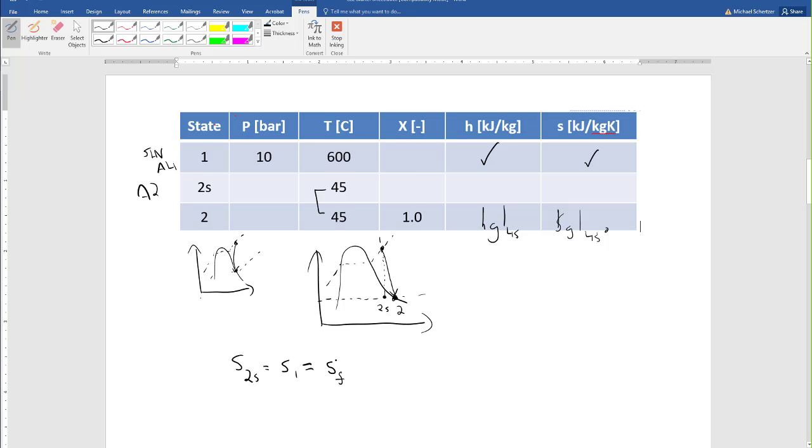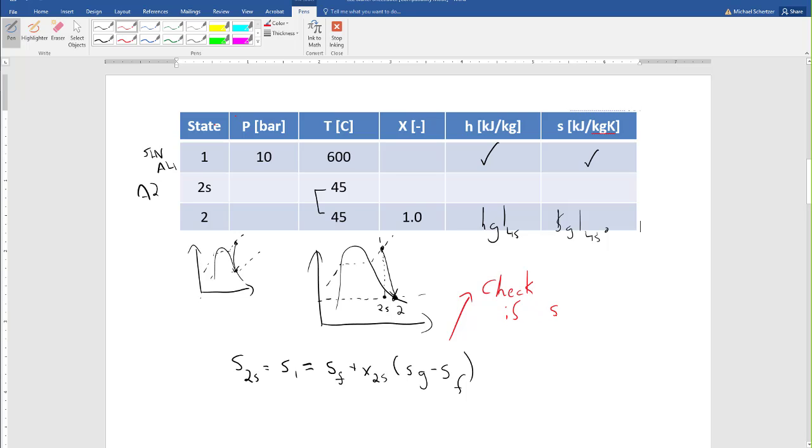SF plus X of 2S times SG minus SF. Right? If I wanted to double check, from my graph, I think that this is true. So here I could check this.